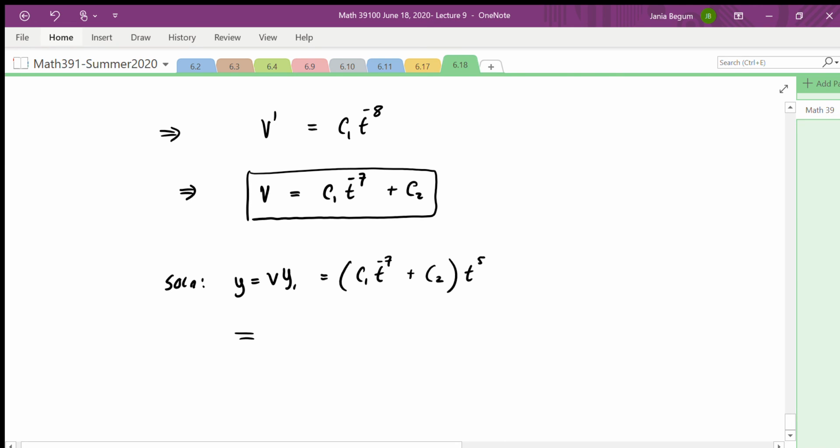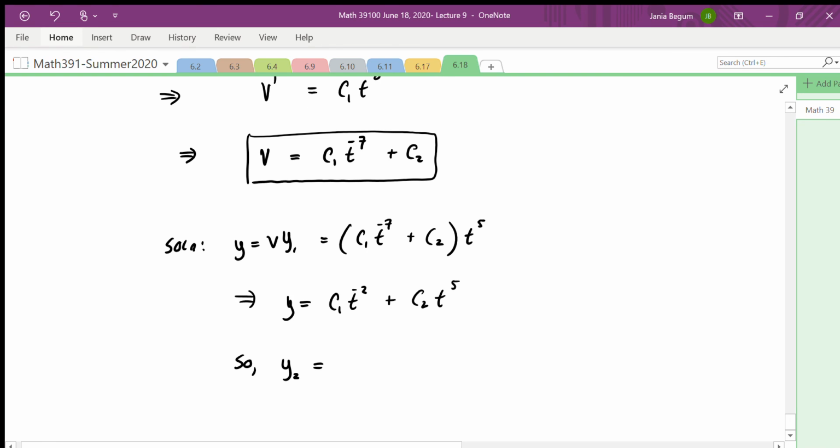Then we have y is equal to C1 t to the negative 2 plus C2 t to the 5th. So what is y2? t to the negative 2. Yep, because the other half is y1.